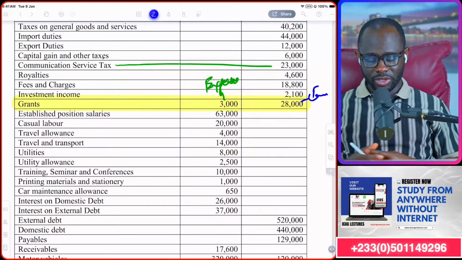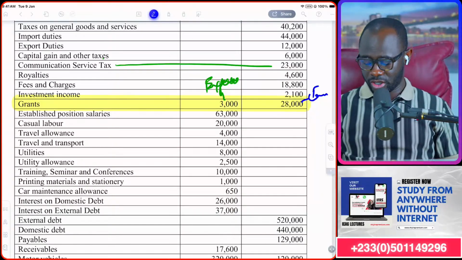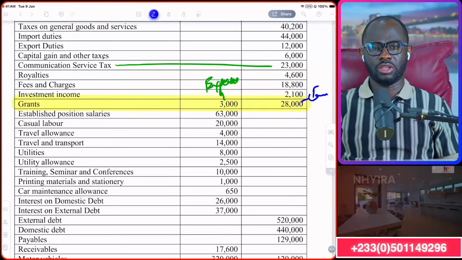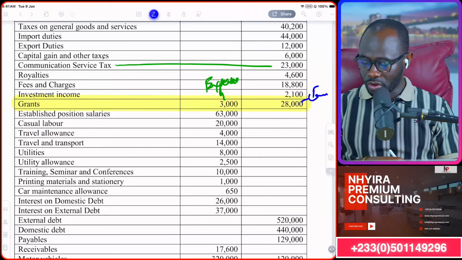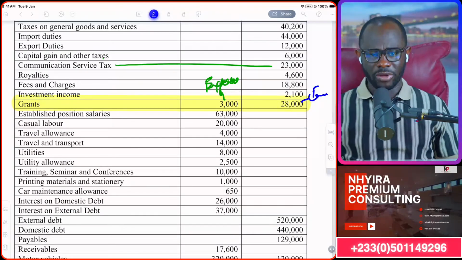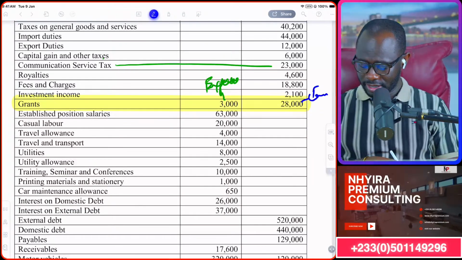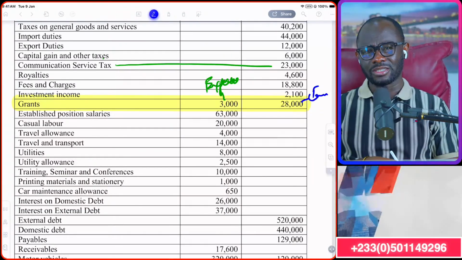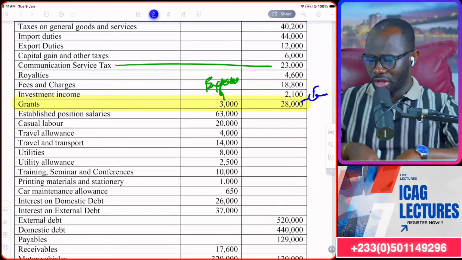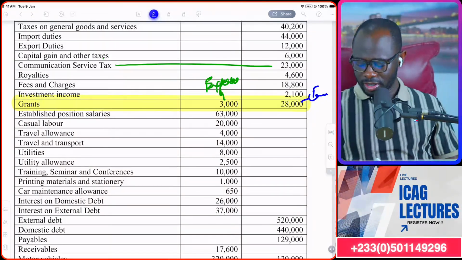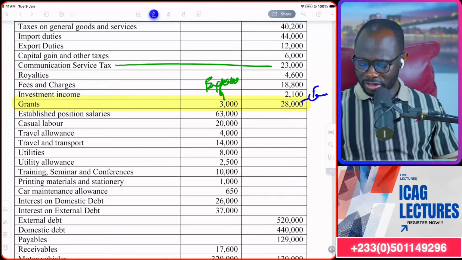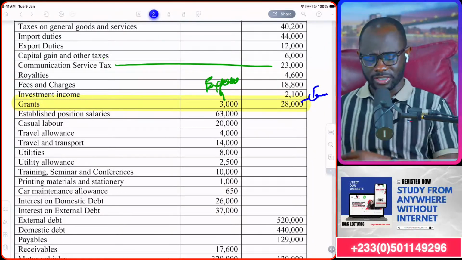Then we continue. Established position salaries. Okay. That's compensation of employees. Casual labor, compensation of employees. Travel allowance. That is still payment to employees. Then transport and support. That will be goods and services.